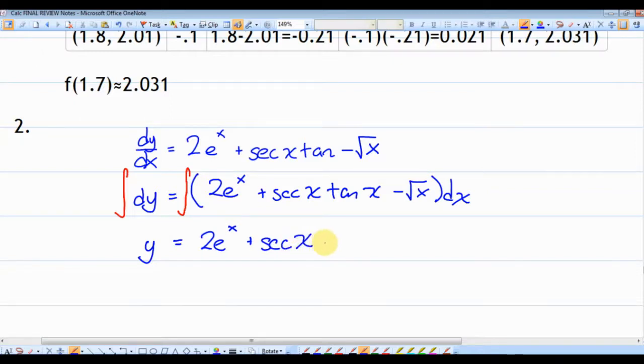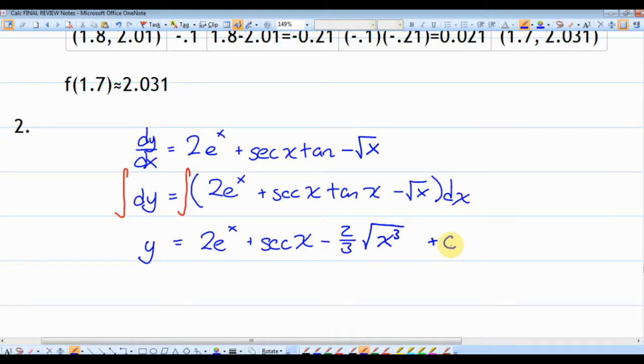The integral of x to the 1/2. That's it? Plus c, thank you.